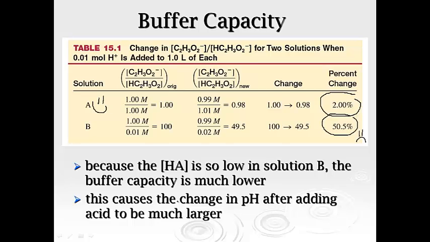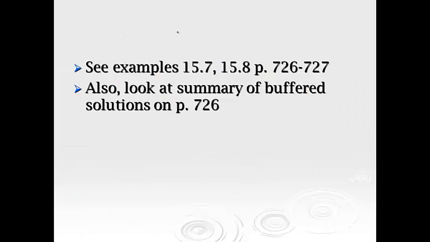Now I'm going to refer you to the textbook on some of these to look at some of the practice problems. There's 15.6 as well, which is on page 724. Then you've got 15.7 and 15.8. 15.6 walks you through when you add a strong acid to a buffer and the changes in pH that happen, and when you get to that tipping point.